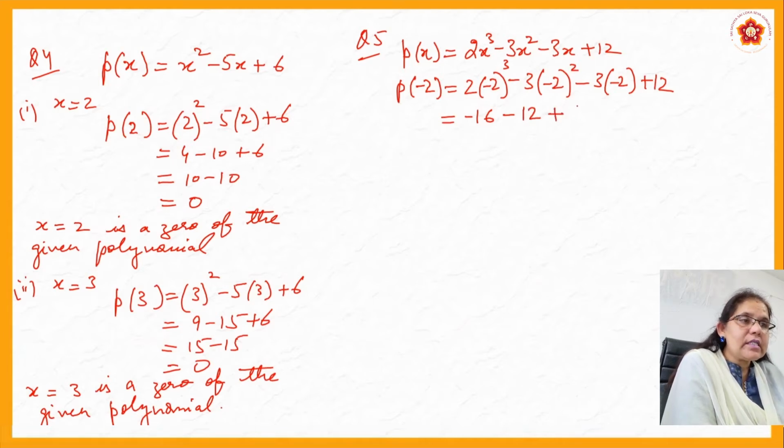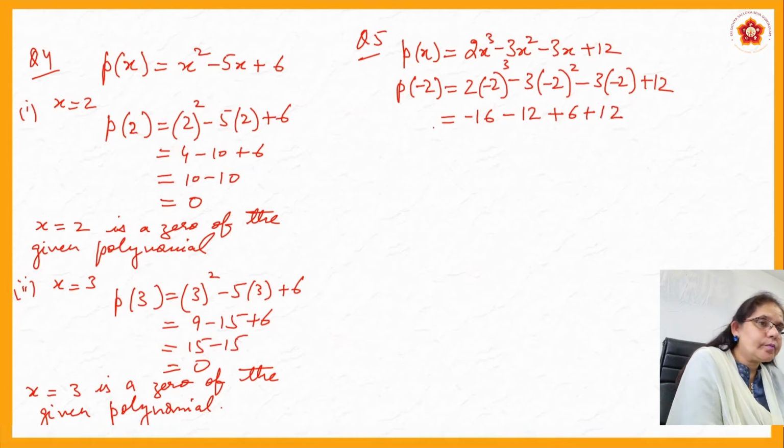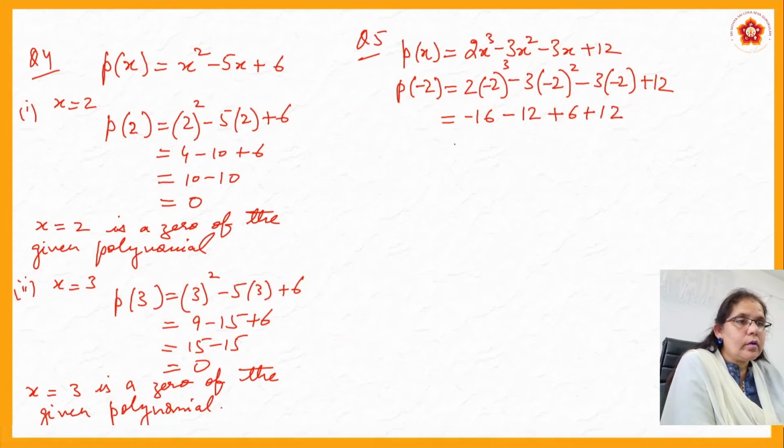Then it will be plus 6 plus 12. Add the negative terms together and the positive ones separately. So minus 10 is the value of the given polynomial at x is equal to minus 2.